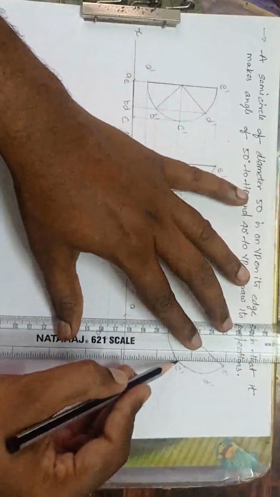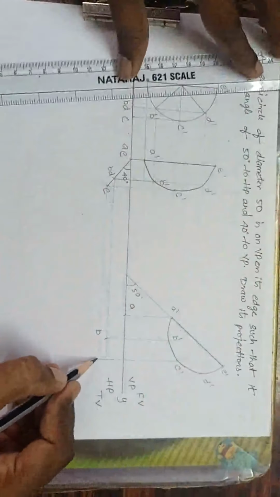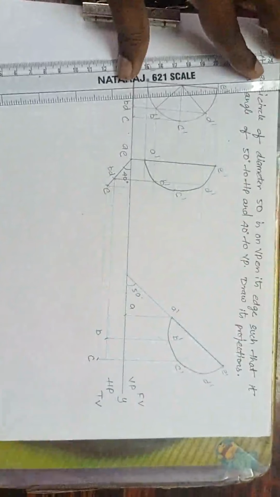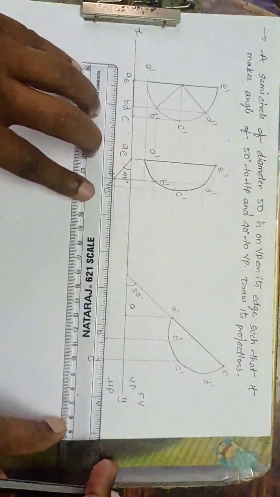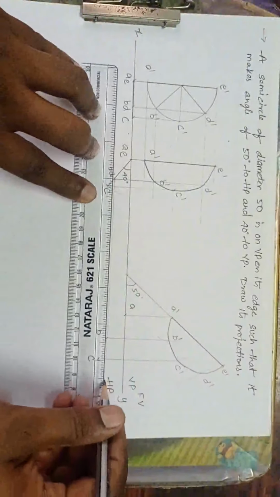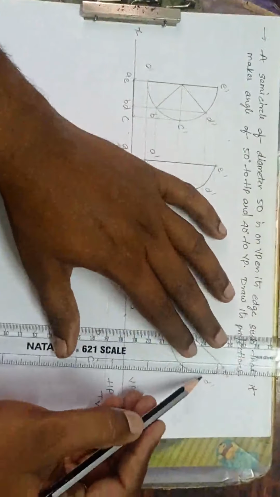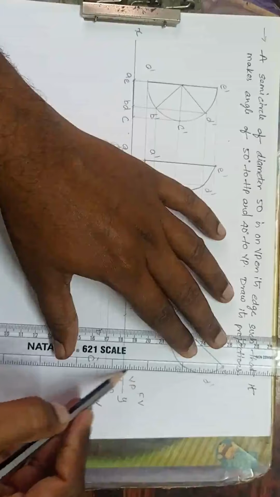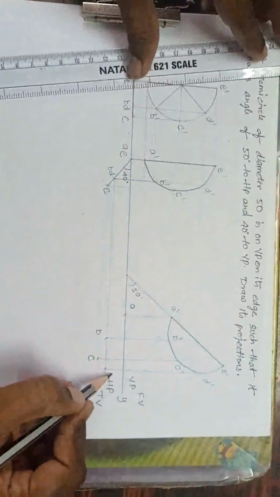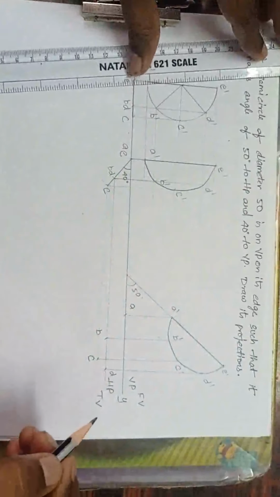From C dash, I want perpendicular line. This is C. Done. I want D. So extend this one. This is D. So from D dash, perpendicular line. I will get D here. And finally E.